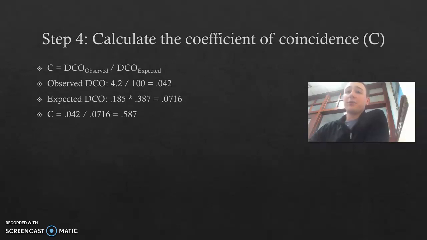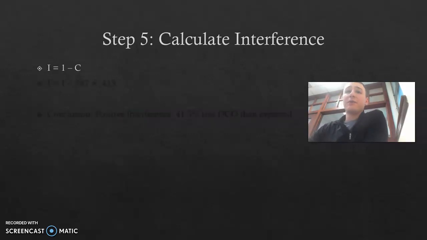So 0.185 times 0.387, which brings you to 0.0716. So the C is equal to the observed divided by the expected, which gives us the value 0.587.